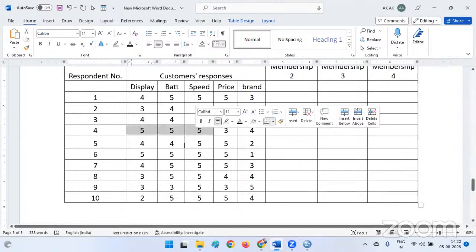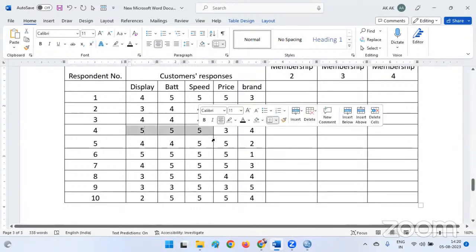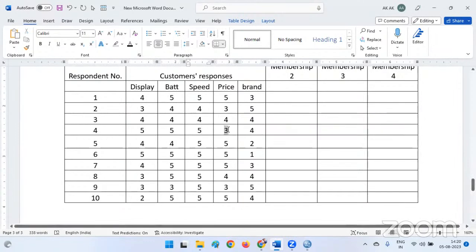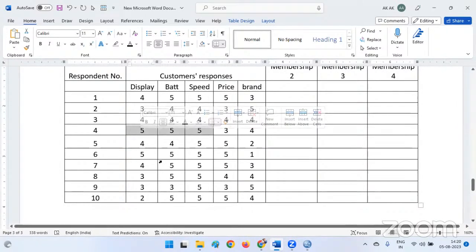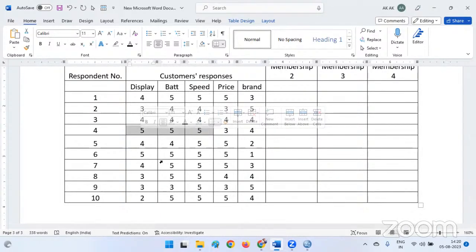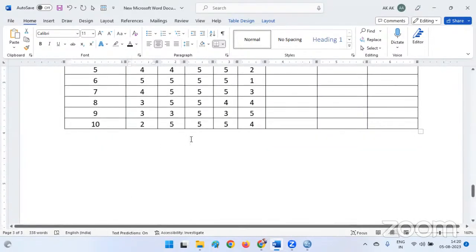The fourth is the same on these three, but more conscious about price. He can compromise a bit with the brand, but not with the display, battery, and speed. Okay. Likewise, we have the features of other customers also.